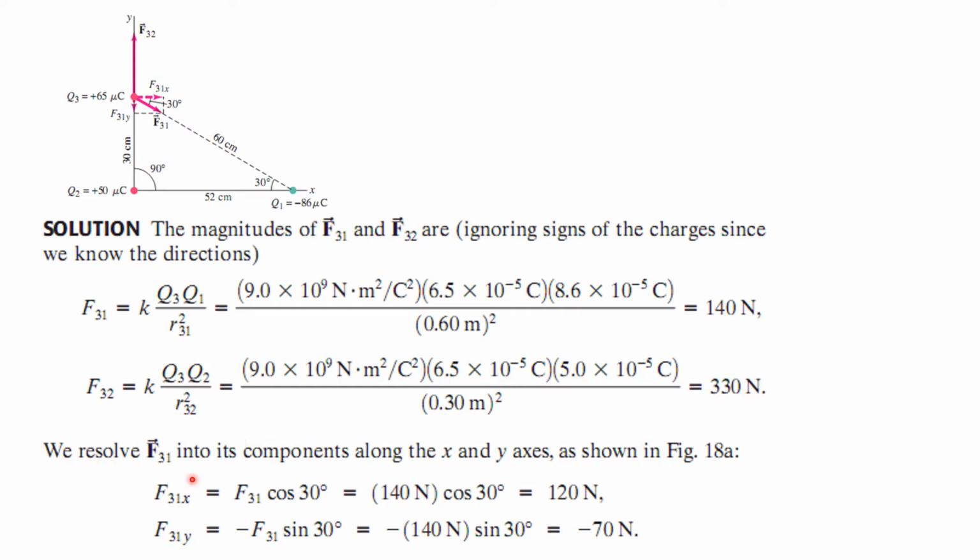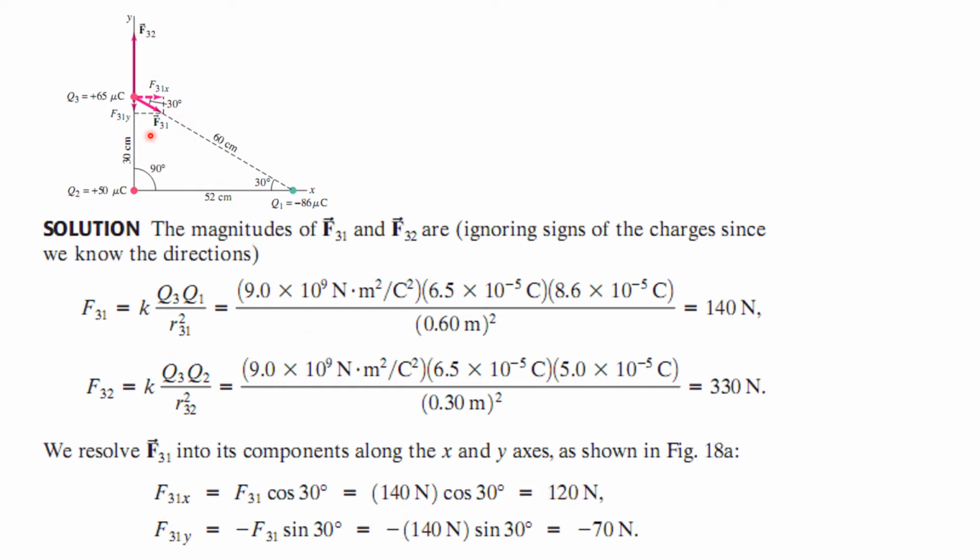Then we need to resolve the force F31 because this force has two components. It is a force in the fourth quadrant, a force in the XY plane. Its X component is equal to the magnitude of the force F31 times cosine of 30 degrees, which gives 120 newtons.